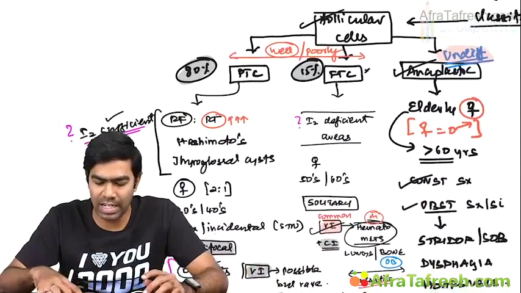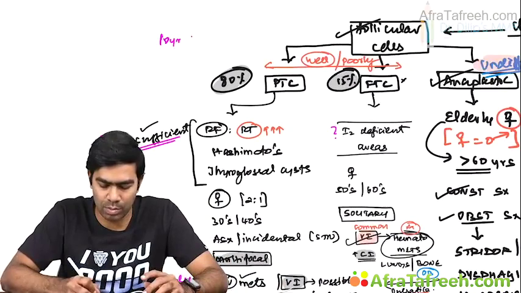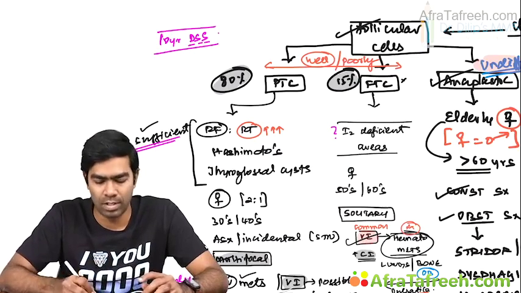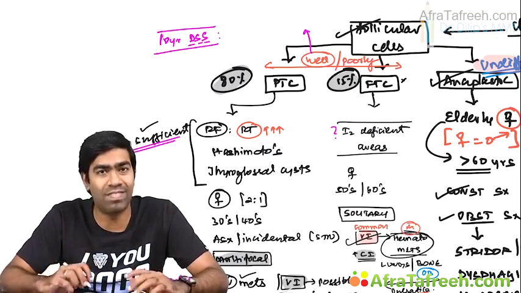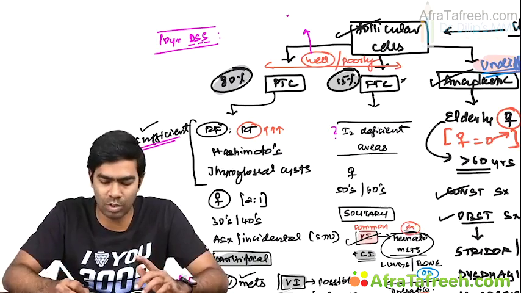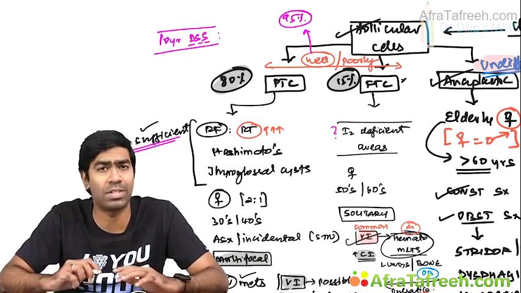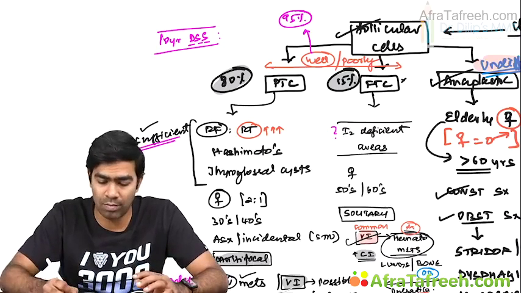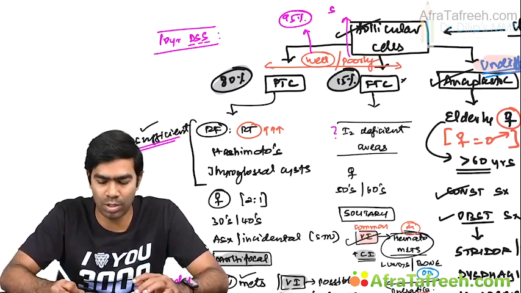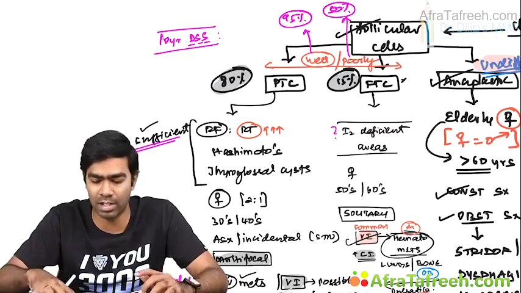So what is the 10-year DSS, where DSS stands for disease-specific survival? The 10-year DSS for a well-differentiated PTC or an FTC is over 95%, which means excellent prognosis. And for a poorly differentiated tumor, it's only 50%, drastically comes down.